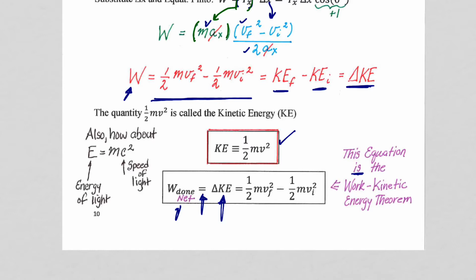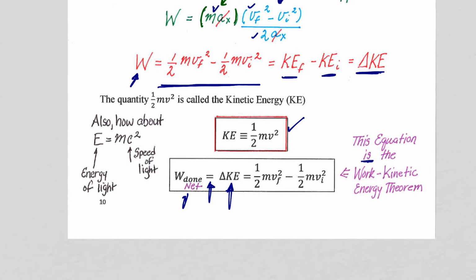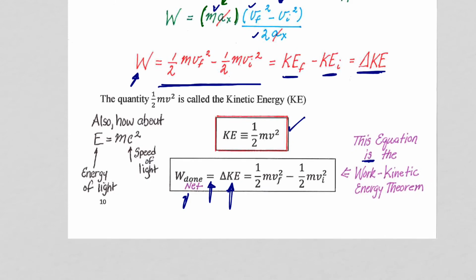So that's it. I have a short aside over here, but it's really interesting, so I want to take a moment to introduce another very famous energy equation that is eerily similar to what we just did. Why so similar? And that's the question.